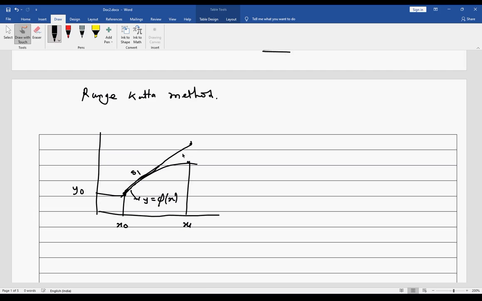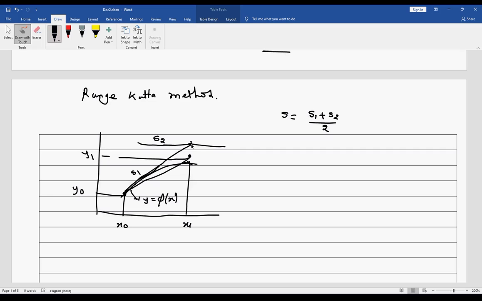And now at this point on the curve, I will also draw a tangent. This is the slope s2. So I have the two slopes, and I will take the weighted average of these two slopes. My average S is equal to S1 plus S2 by 2. With whatever average comes, I am going to draw a line from this location, which will intersect somewhere here, and this is my value of y1.